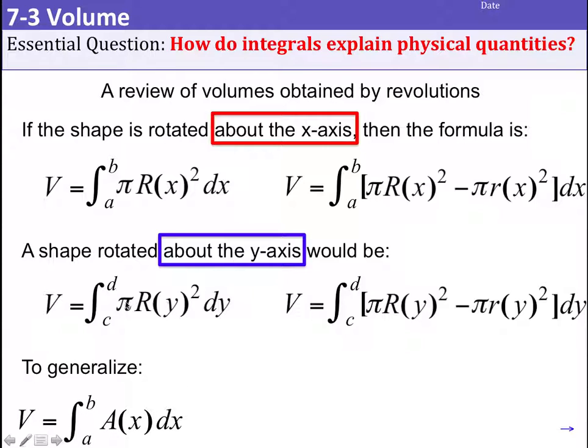And that's what these are. These are all pi r squared because the cross-sectional areas are all circles. This generalization helps us to extend the volume process to when cross-sections are not circular anymore. And that's what we're going to look at today.